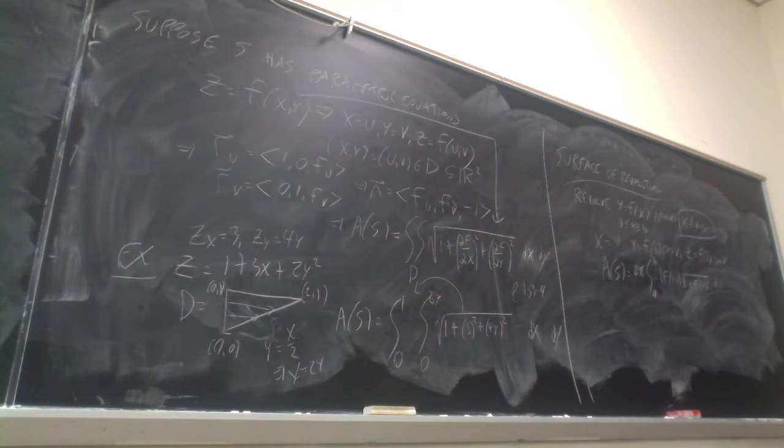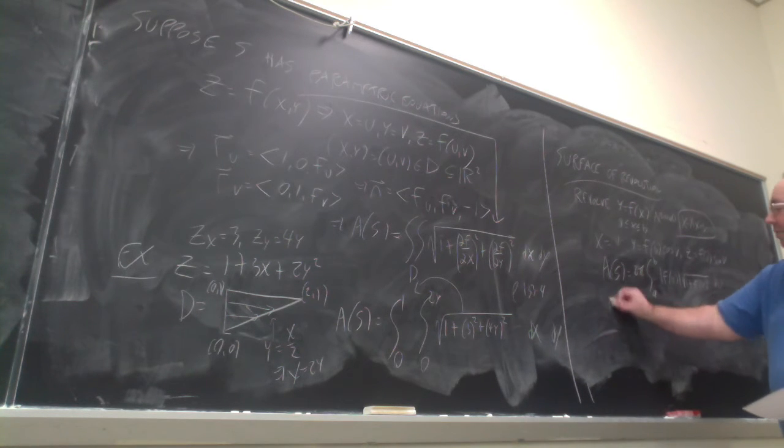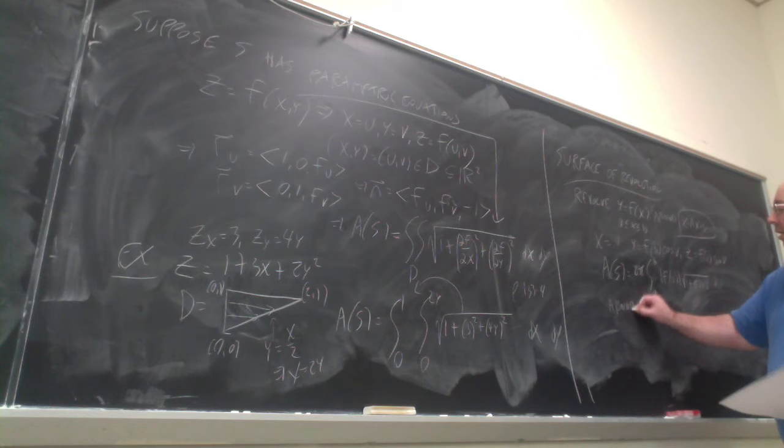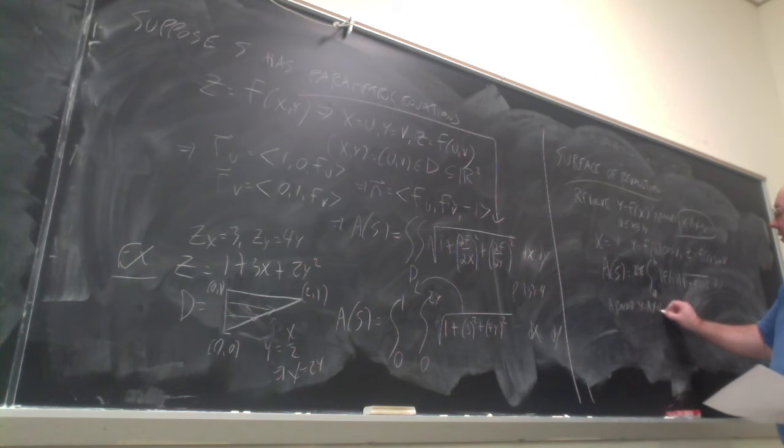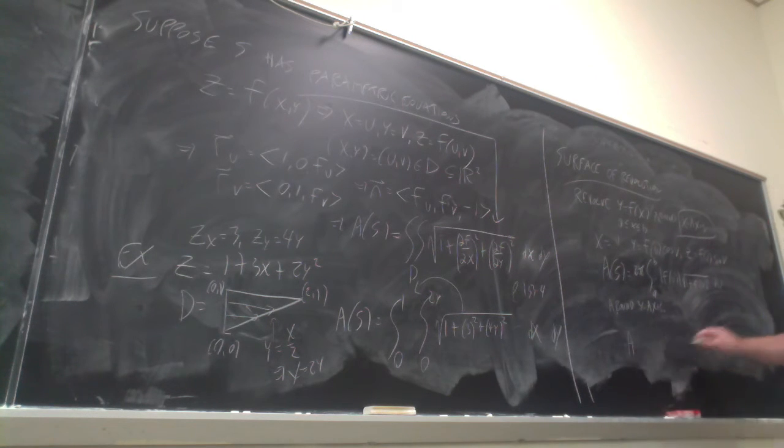That's your formula. But if you take the same curve around the y-axis, so here you have your curve and you revolve it this way to get a surface of revolution. But here if you take the same curve, y equals f of x, and you revolve it this way, you get a different surface of revolution.